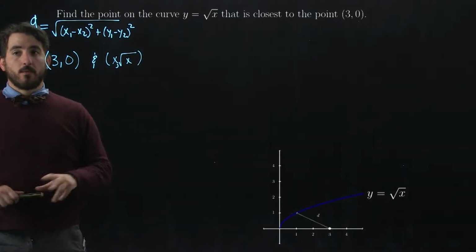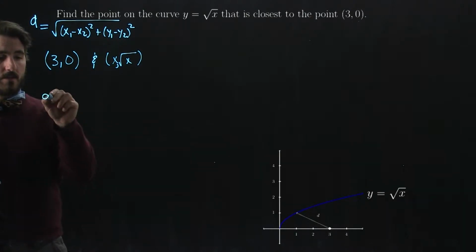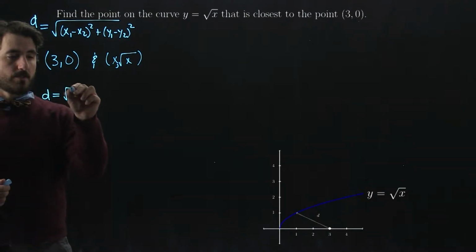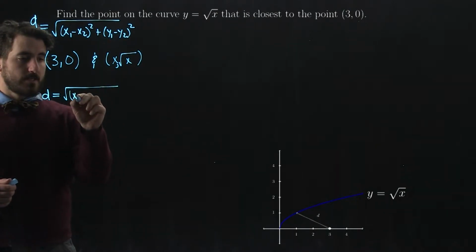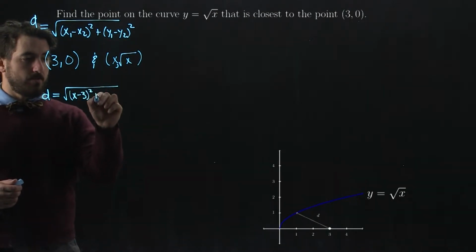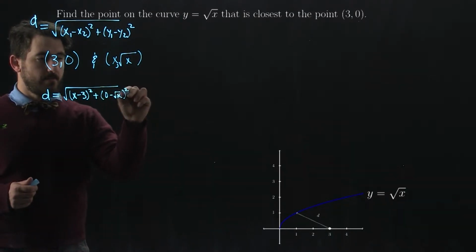So we want to know the distance between these two points. That's d equals the square root of (x minus 3) squared plus (0 minus root x) squared.